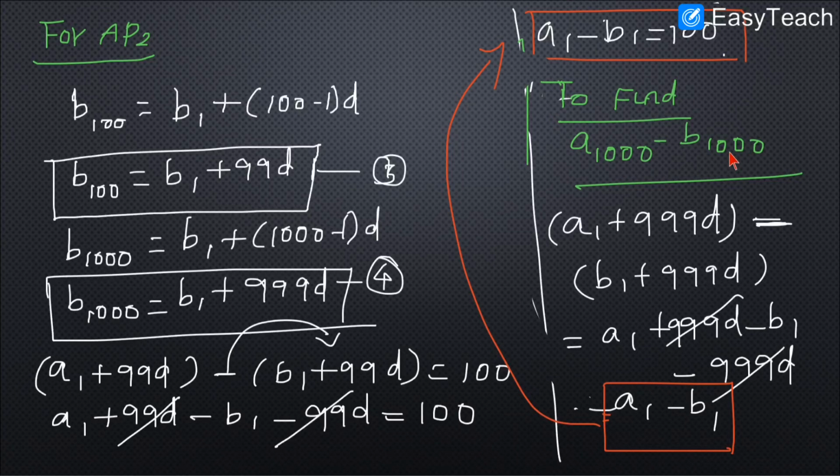What we have to find is the difference between both 1000th terms. I wrote both 1000th terms and subtracted, and I got A1 minus B1, exactly the same as before. So I can say the difference between both 1000th terms is also 100. Hope you understand.